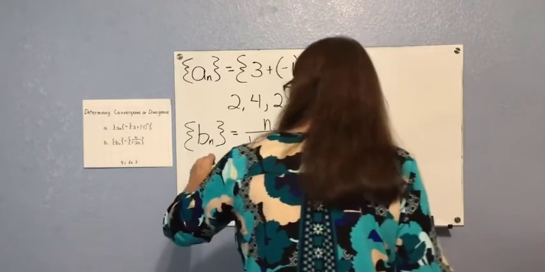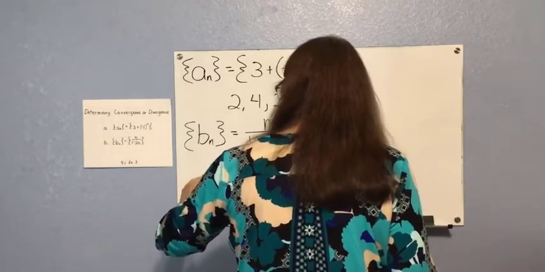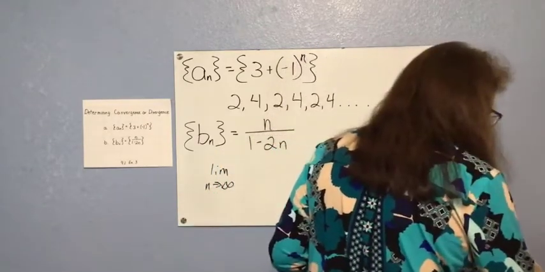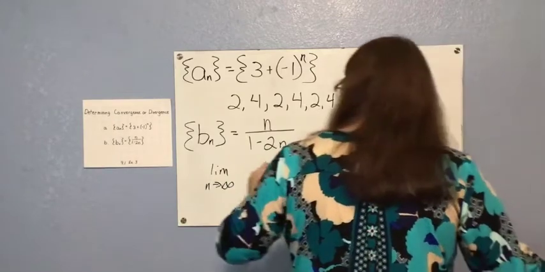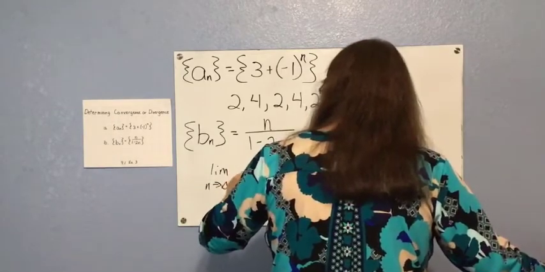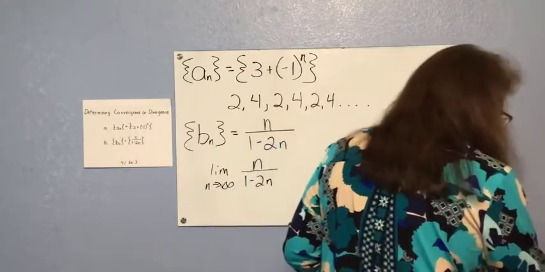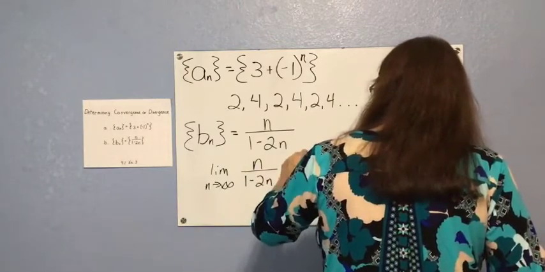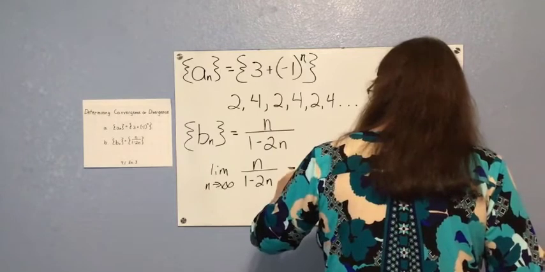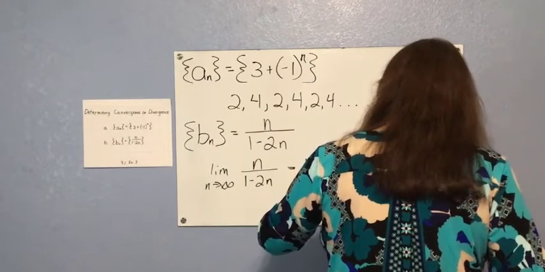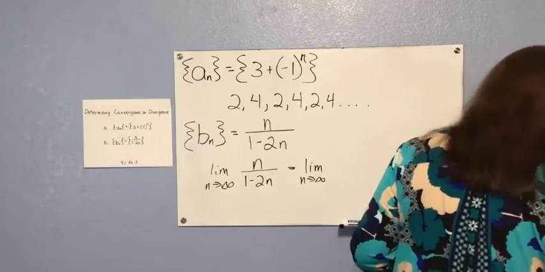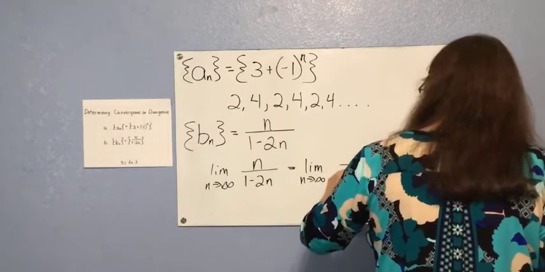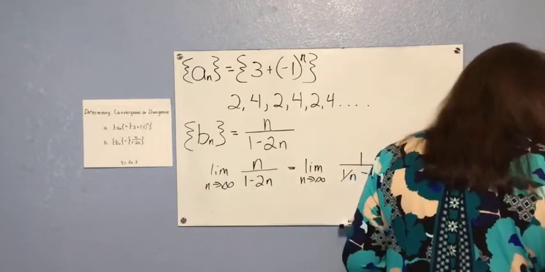To find the limit as n goes to infinity of this, I'm going to divide this function by n so that I have the limit as n goes to infinity of 1 over n minus 2.